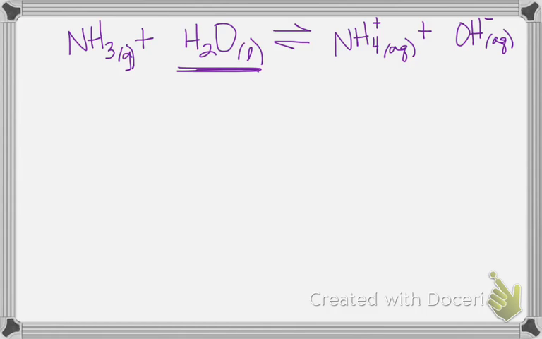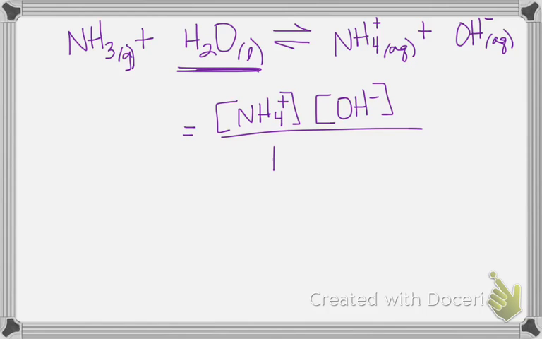So this would look like products, the NH4 times the OH, divided by reactants, which is the ammonia, whatever the original base is, and that's going to be equal to an equilibrium constant.